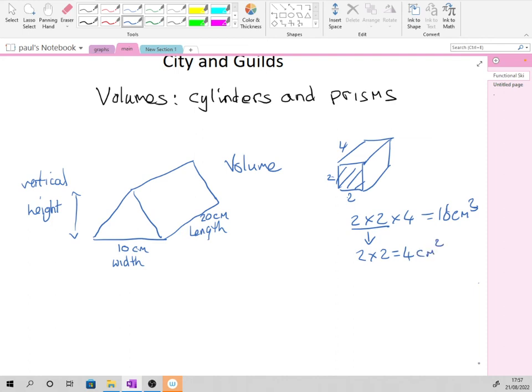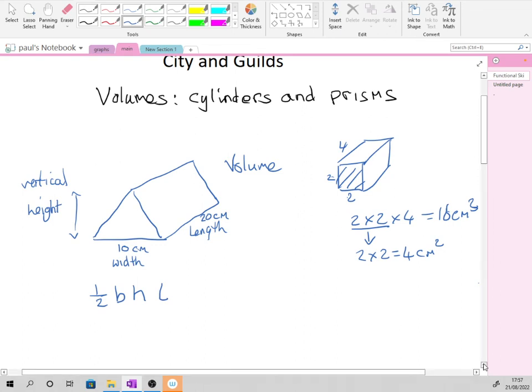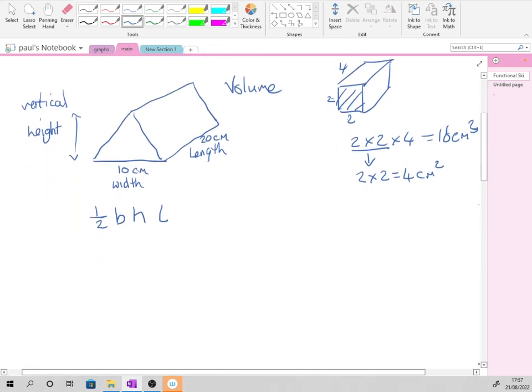So we found the area of the front. And that's what we've got to do here. We've got to find the area of the triangle first, and then multiply it by the length. So area of the triangle is half times the base times the height. Then we're going to multiply that by the length. Do it in that order, and we don't get muddled up.